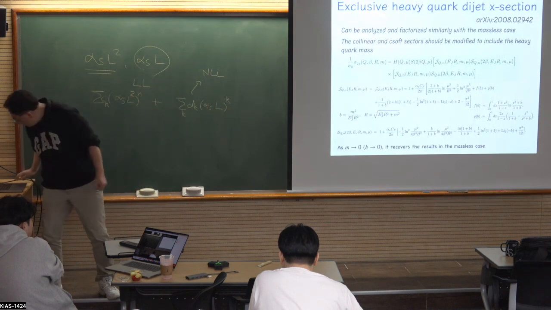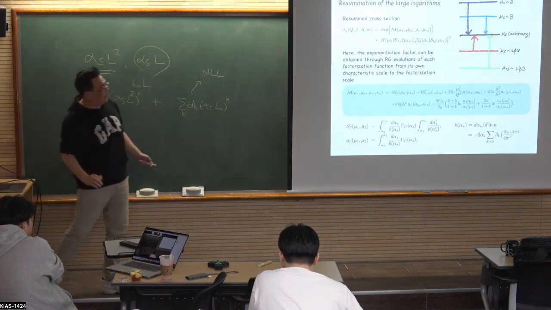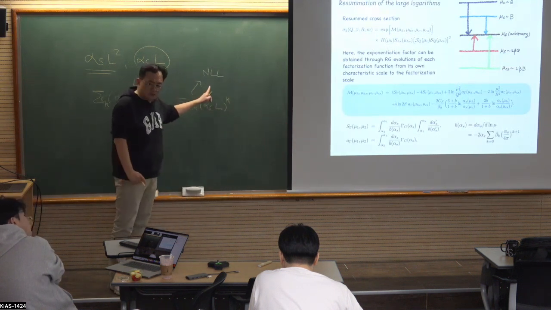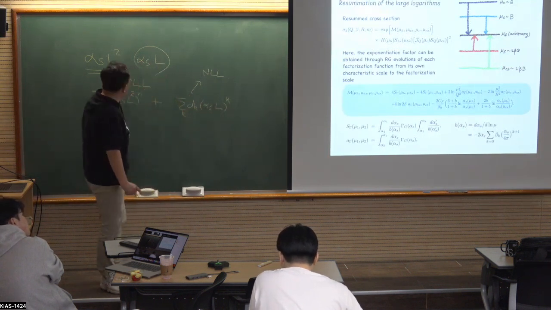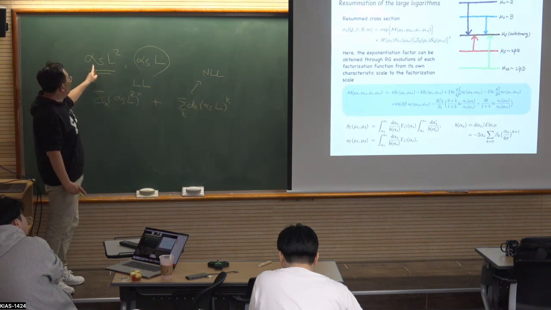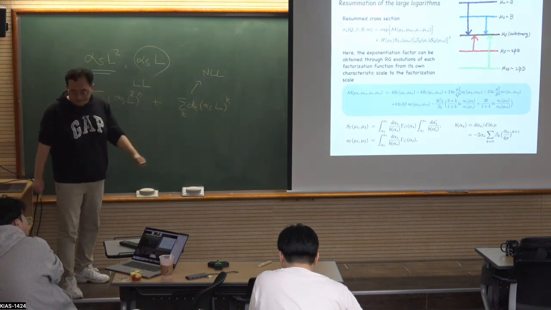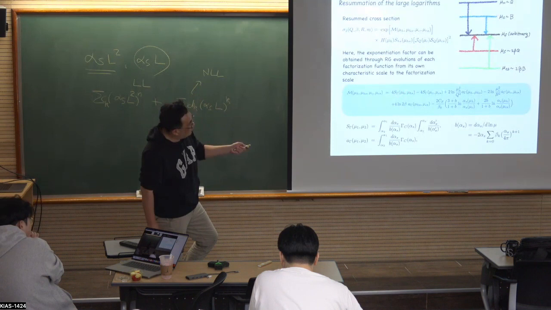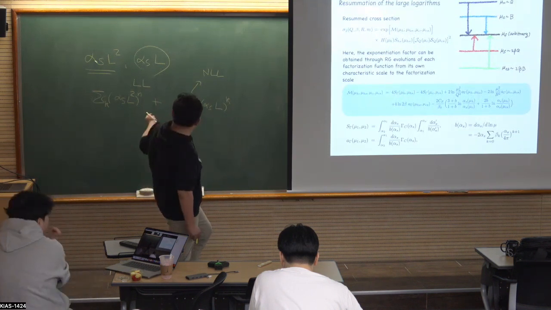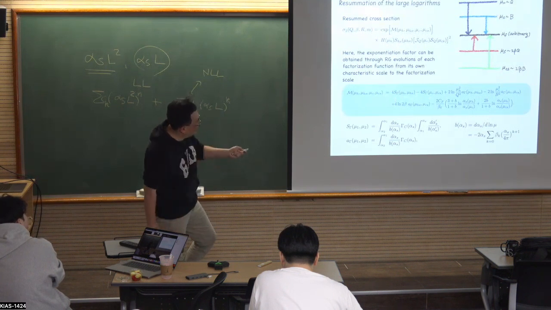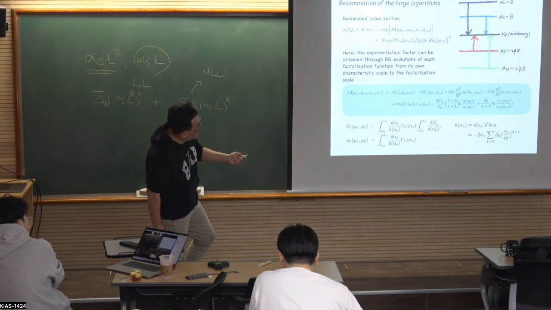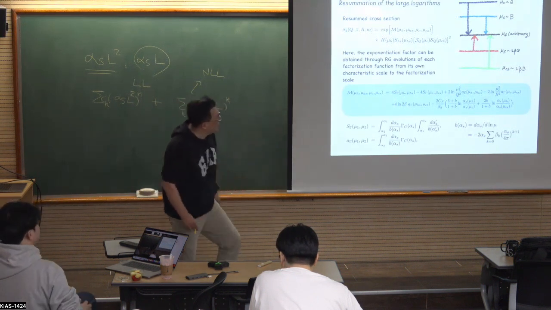So this exponentiation pattern is the result of the resummation to the accuracy of next-to-leading log, including the single log alpha s times L, as well as alpha s times L squared. So this Sudakov factor includes the resummation of that kind of terms to all orders in alpha s. And this is the result of the single log; I mean, it is the next-to-leading log, alpha s times L, something like that. This is a large log.